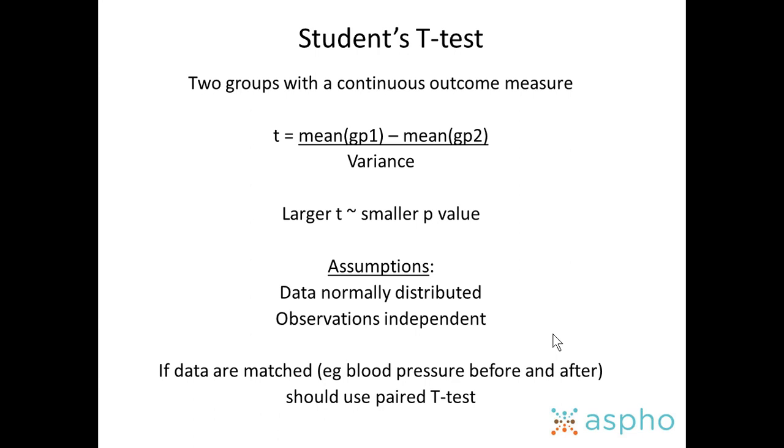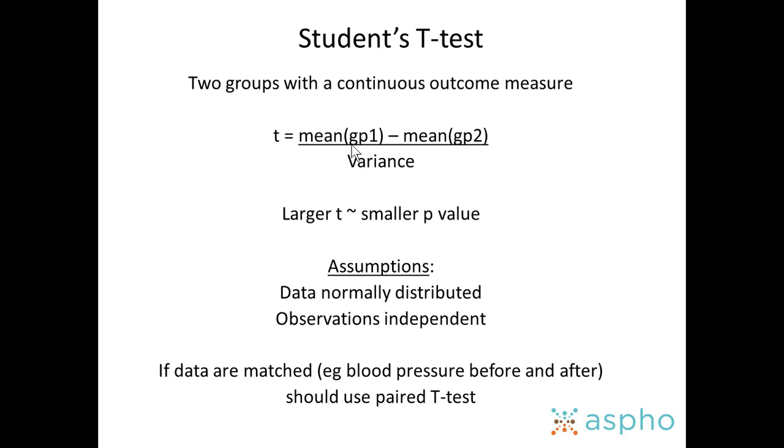So what is the student's t-test? A student's t-test is about calculating a test statistic. And what test statistic do you think we would calculate? So it's a t statistic in a student's t-test. Conceptually, what a t is, remember we've got 2 groups and a continuous outcome measure. The t statistic is the difference between the means of my 2 groups divided by how variable my data are within each group.